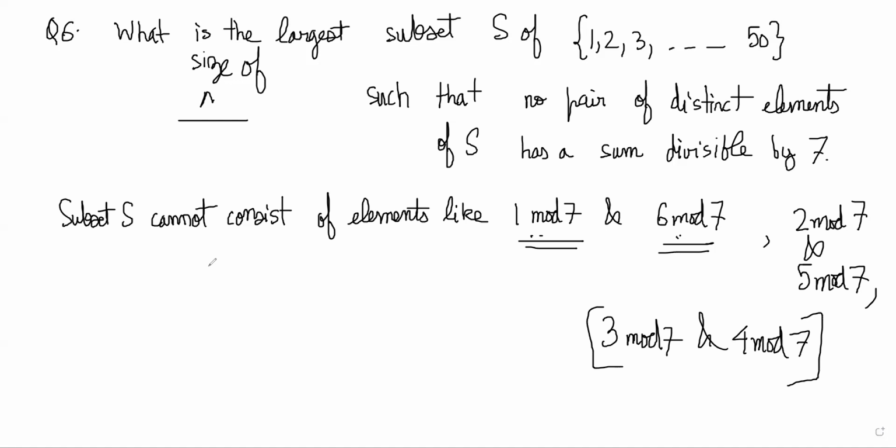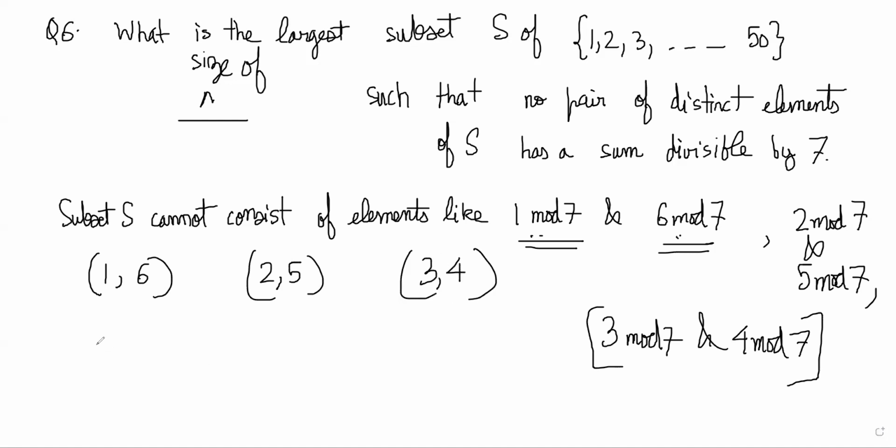So one way to do this, think of these groupings: 1 mod 7, 6 mod 7, 2 mod 7, 5 mod 7, 3 mod 7, 4 mod 7. If you want to make the biggest possible set, what you should do is take one element from each group: take all the elements from the 1 mod 7 group, and take all the elements from one of these groups, 2 mod 7 or 3 mod 7, right?